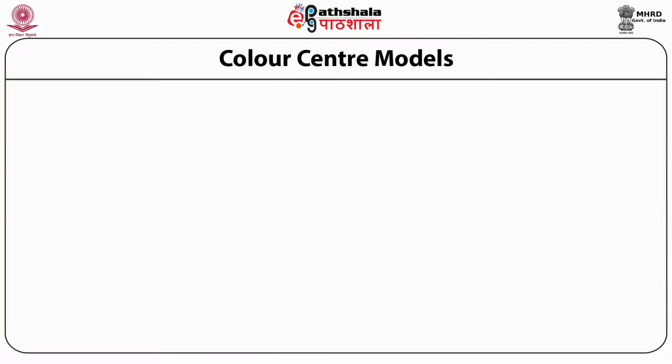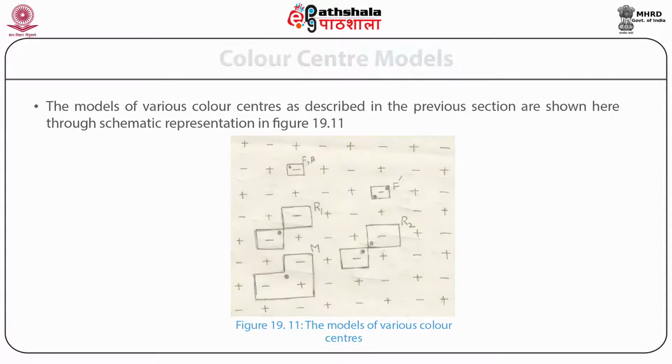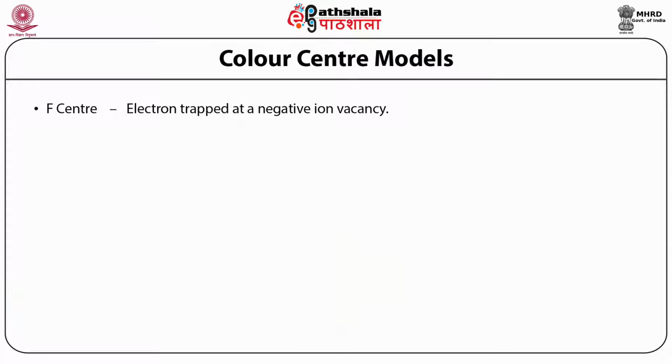Color center models. The models of various color centers as described in the previous section are shown here through schematic representation in figure 19.11. F center is an electron trapped at a negative ion vacancy. F prime center is F center combined with one electron.